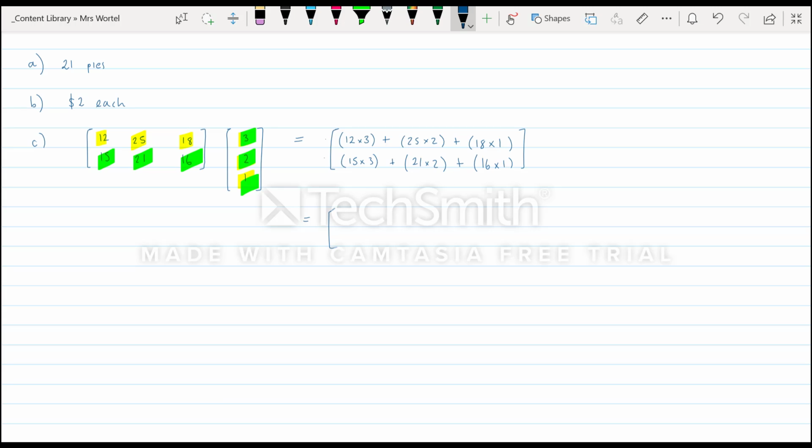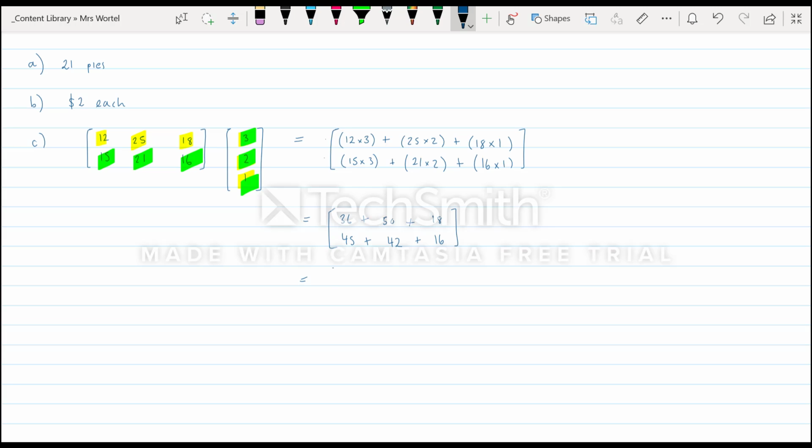We've got 12 times 3, which is 36, plus 25 times 2, which is 50, plus 18 times 1, which is 18. 15 times 3 is 45, 42 for 21 times 2, and 16 for 16 times 1.